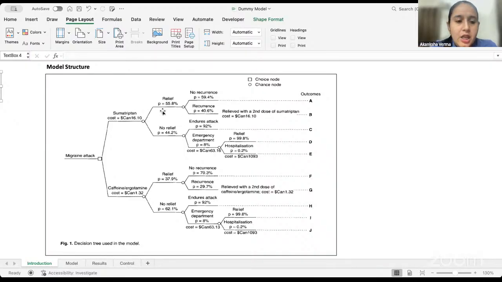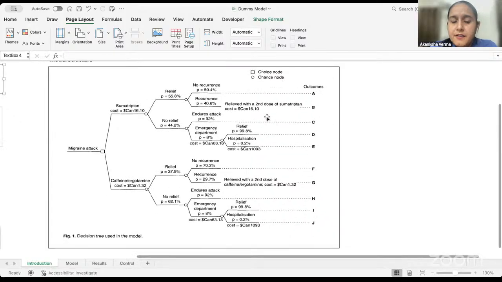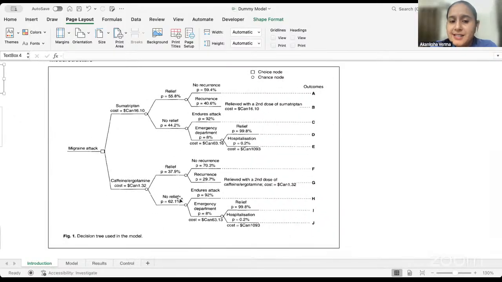Similarly, the flow is the same for patients who are taking caffeine. Here you can see the probabilities are assigned to each one of them, and for both, the probabilities are different based on the literature.